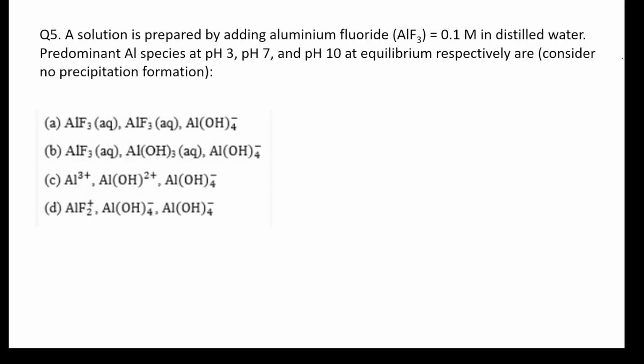The next question is, a solution is prepared by adding aluminum fluoride in distilled water. Predominant aluminum species at pH 3, 7 and 10 at equilibrium respectively are. So we need to consider that there is no precipitation.